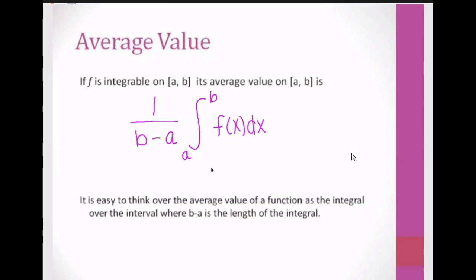So by definition, the average value formula is 1 over b minus a. So remember I told you we'd find out how to find that n value. It's represented by b minus a, because that's your upper minus your lower. So that should make sense, the beginning to the end of your interval.